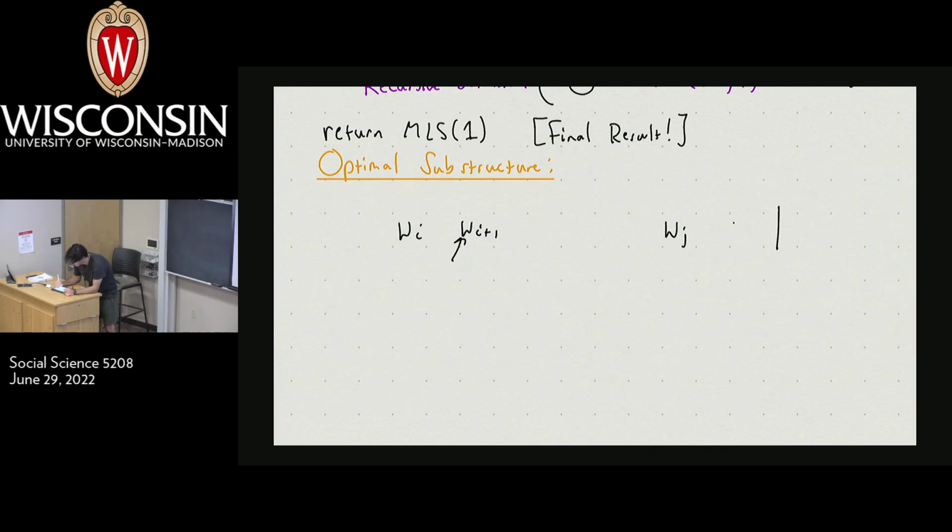So maybe this is wj, this is wj plus 1, and then wj plus 2 would be too long. So you have all these possibilities to go on the line with wi, and you just try which ones lead to a total optimal solution. And so maybe you don't want to include wj plus 1 on this line, even though you could fit it physically, because that results in something bad in the future lines. So that's what the process looks like.